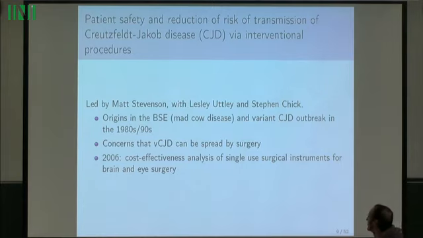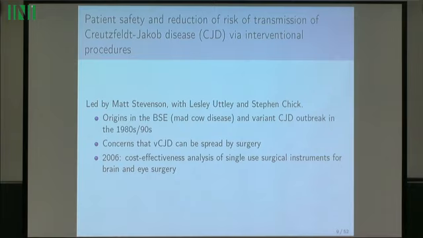So there's a concern that potentially this disease has a long incubation period, and many more people are possibly carrying the disease-causing prions than you've observed just from the numbers of CJD cases so far. So what we were looking at was whether or not it would be cost effective to switch to using single-use surgical instruments for these particular operations. So instead of trying to decontaminate your instrument, you just throw it away, and then you'll at least guarantee that you're not going to infect anyone.